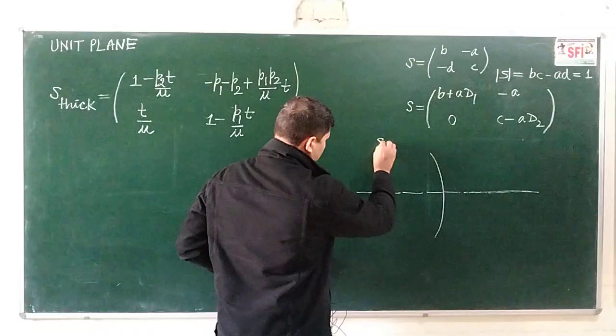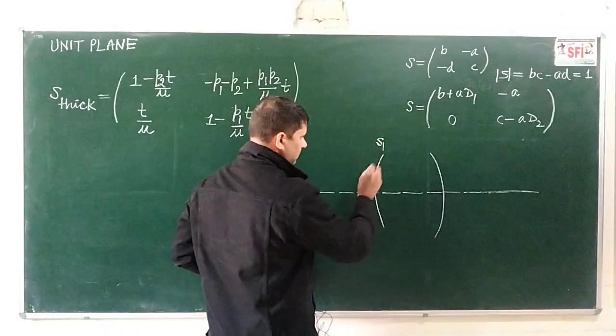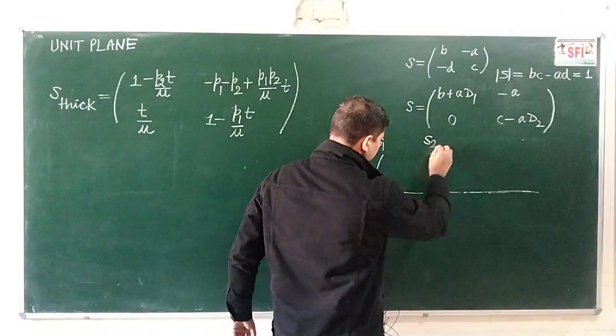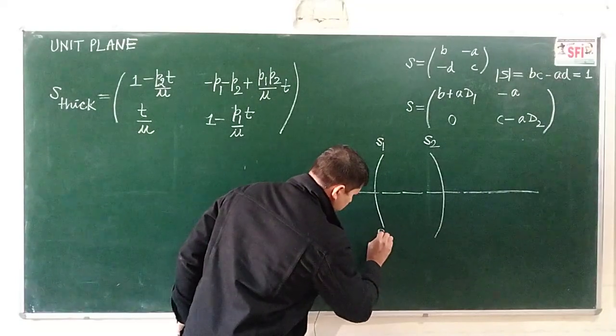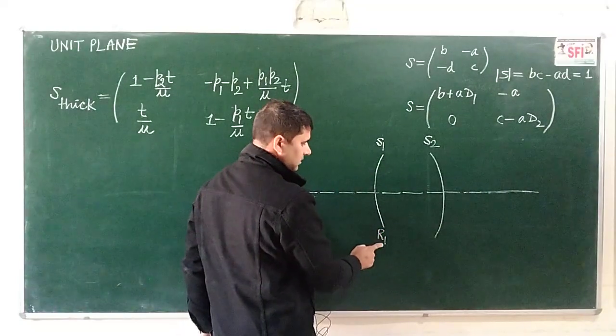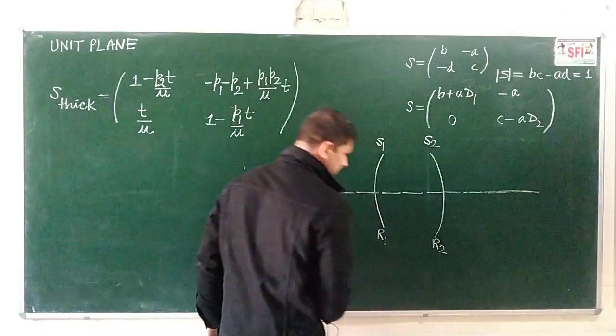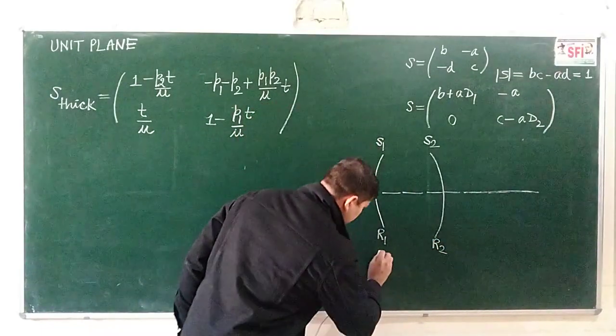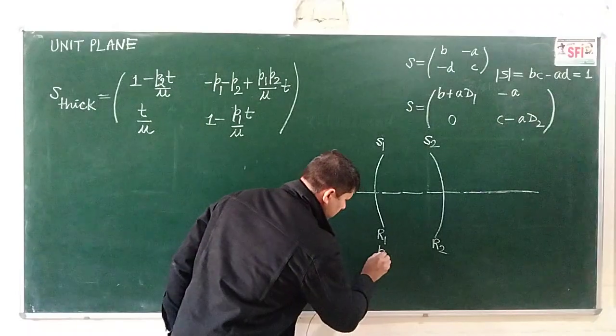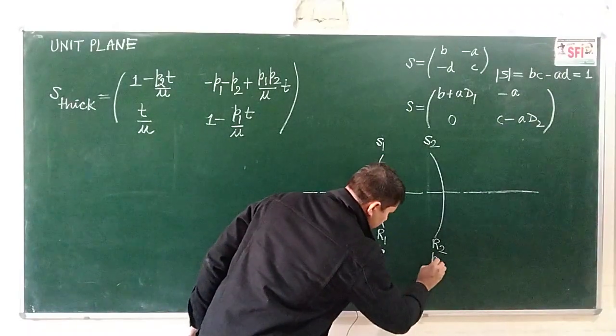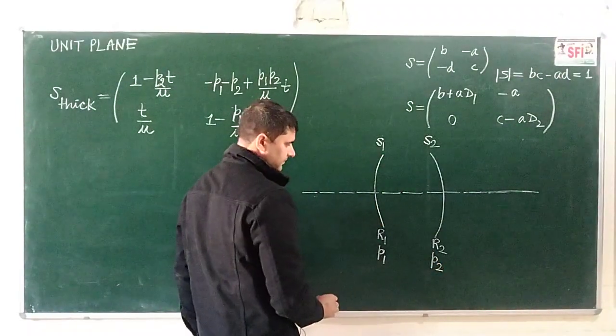So here, in case of thick lens, we have two surfaces S1 and S2 whose radius of curvature is R1 for the first surface and R2 for the second surface, and its power is P1 and the power of the second refracting surface is P2.